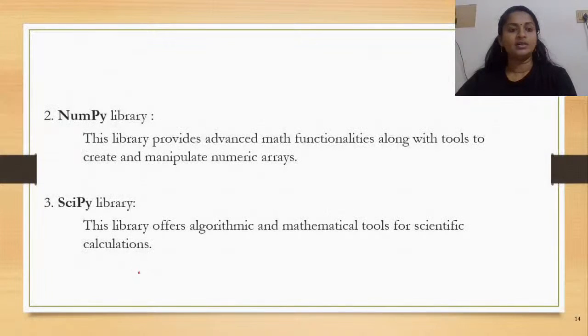So moving on, next we have the NumPy library as well as the SciPy library. Now NumPy is related with numeric arrays. What are they? Numeric arrays in Python. This is a library which provides advanced mathematical functionalities along with tools to create and manipulate numeric arrays.